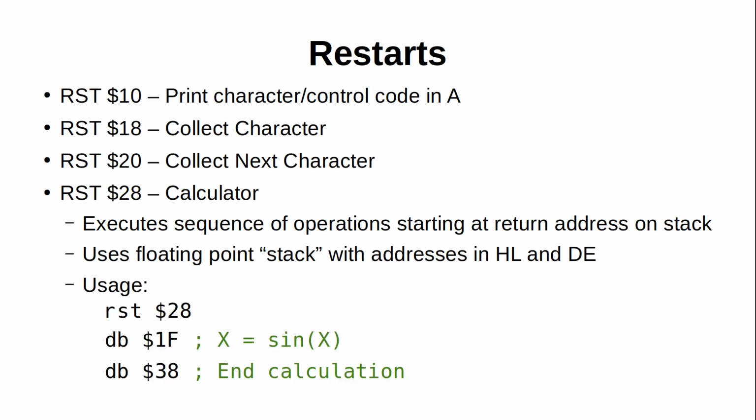To use it, you follow the RST28 with different codes that execute routines specified by the calculator address table we saw earlier. It will keep going until it sees the hex 38 code, which will return back to normal execution. The use of this calculator feature is very complicated, and it deserves to have its own future episode.